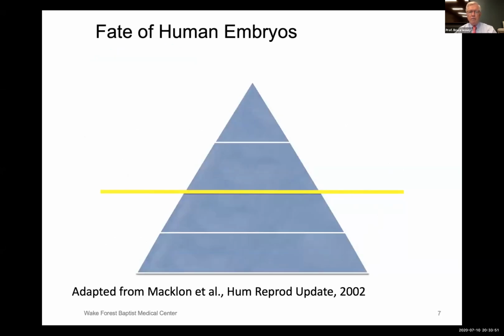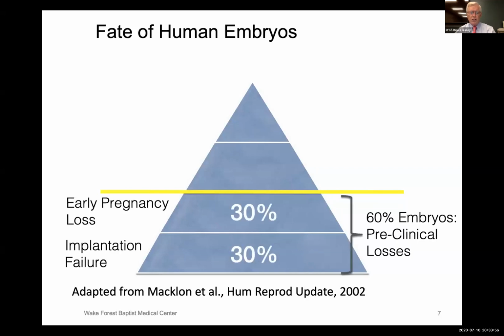So for any embryo that is available, there's different fates that can occur. Maybe 60% of pregnancies are preclinical losses. This slide was adapted from Macklin's paper in 2002.